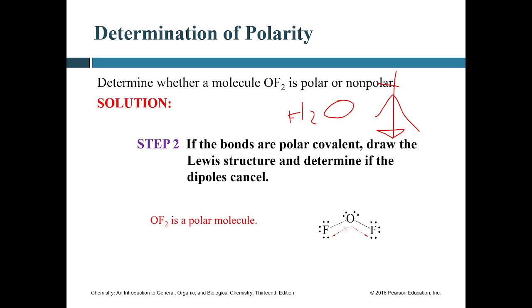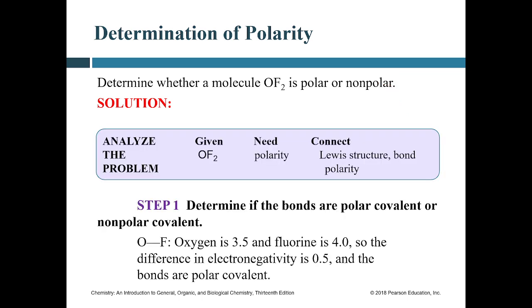How do you do the first step? How are you supposed to find if it's polar? You don't actually need to find the number when you're doing this. You just need to see, is there a fairly significant difference between the electronegativities? In the case of oxygen and fluorine, which are up there at the top right, there's a significant difference. As you get further up and to the right, that's where you get the large differences in electronegativities.